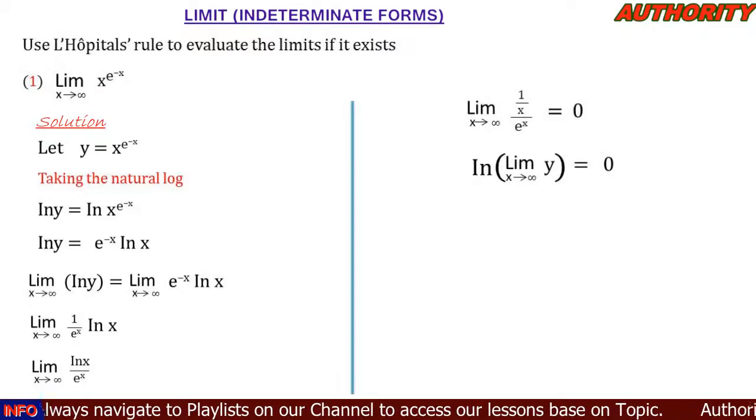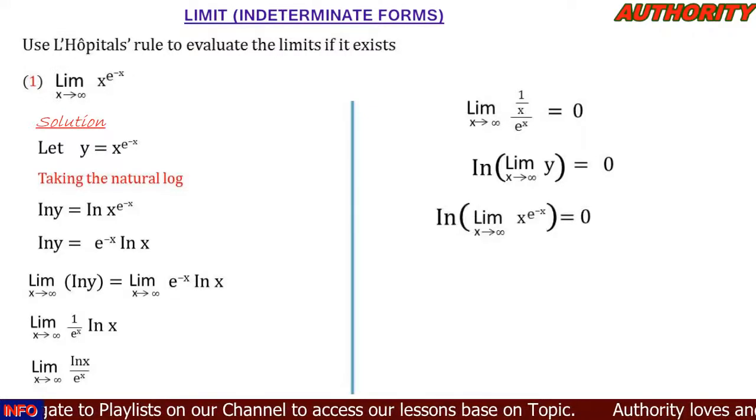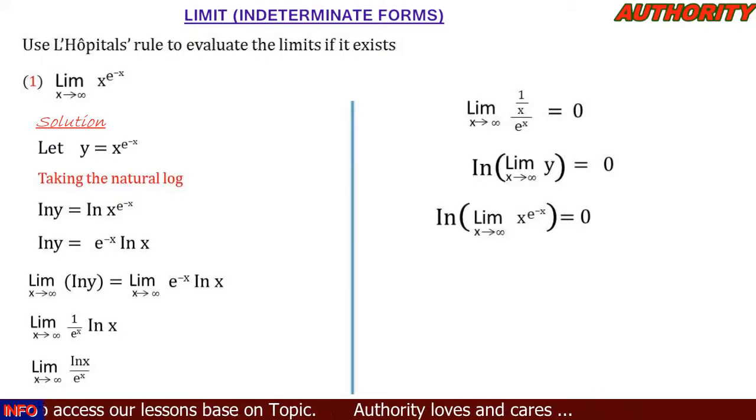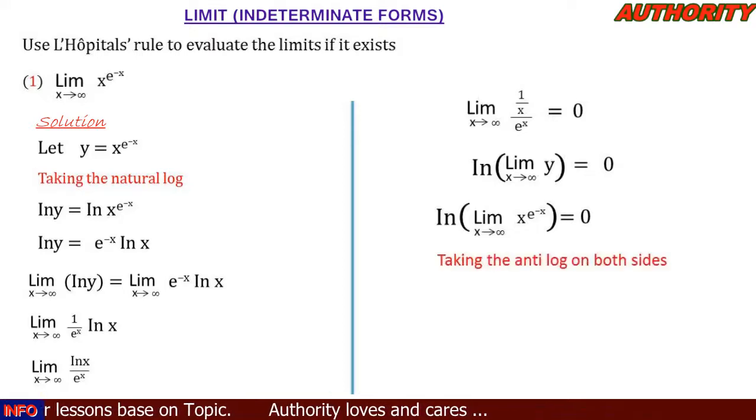So what is our y? Our y is x raised to the power e^(-x). Now we took the natural log initially, so let's take the anti-log to remove the natural log.